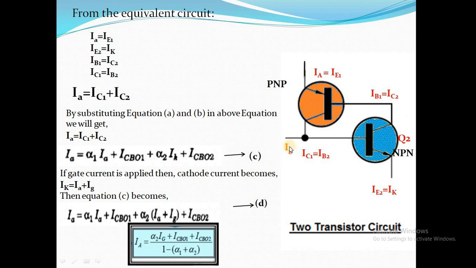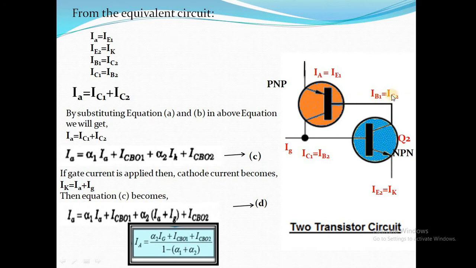That is, initially if the gate current is 0, in this case the gate current makes the base current of the second transistor 0, due to which the second transistor remains in off condition. As the second transistor is in off condition, there is no flow of the second transistor's current, but here we can observe that the second transistor collector current is the same as the base current of the first transistor.